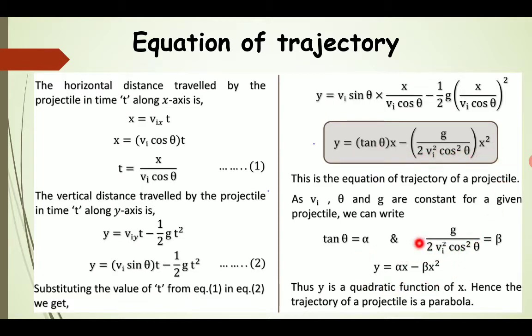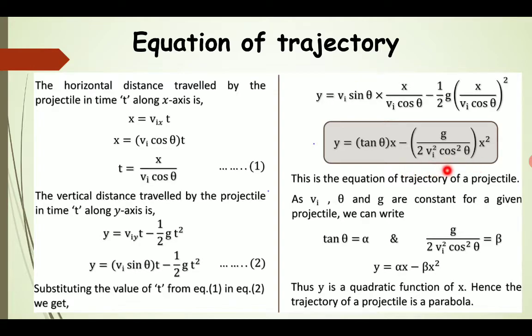This type of equation represents a quadratic equation, and a quadratic equation always represents a trajectory of a parabola. So y is a quadratic function of x, and the trajectory of a projectile is a parabola, because a quadratic function always represents a parabolic graph. This is the required relation for the trajectory of a projectile.